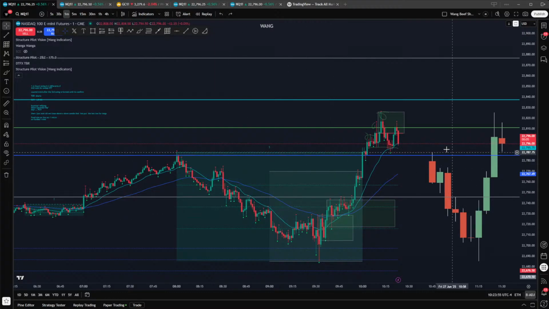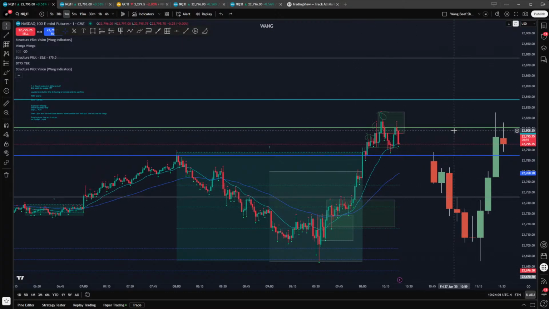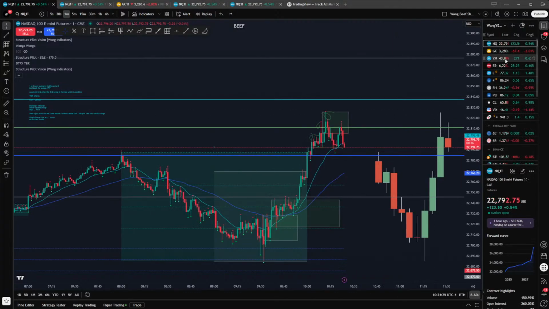And if we get to close below this, let's say we're coming back to here. We'll see if price can get through.